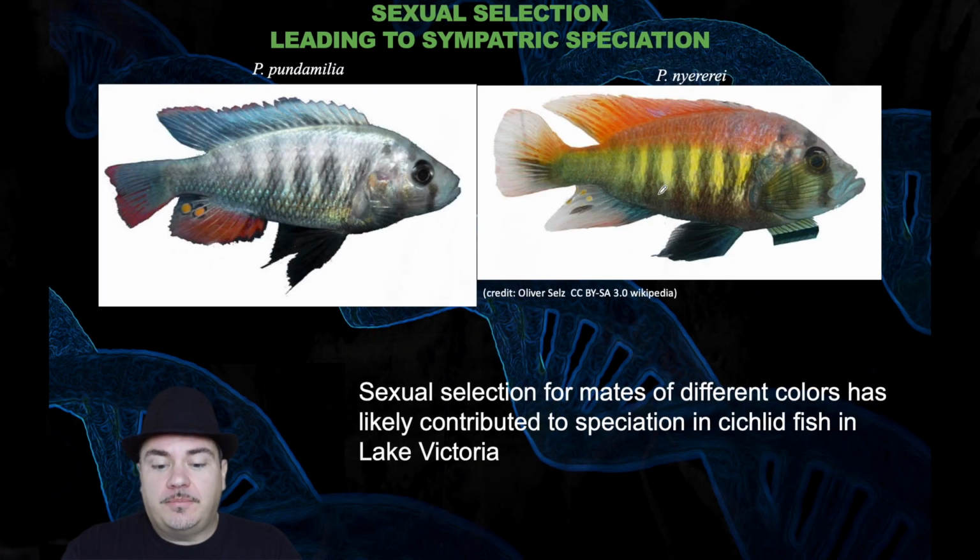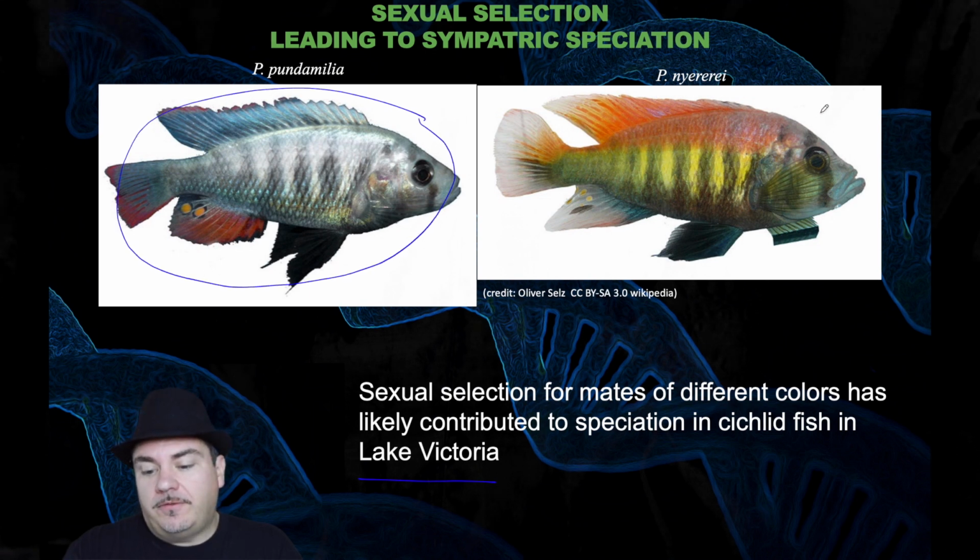Another example is sympatric speciation. Sympatric speciation can be due to sexual selection. So for example, in this lake, Lake Victoria, you have these species of fish, and what happened is that the females started selecting the males preferentially based on their colored pattern. Some females preferred the males that had this appearance, whereas some females preferred the males that had this appearance.